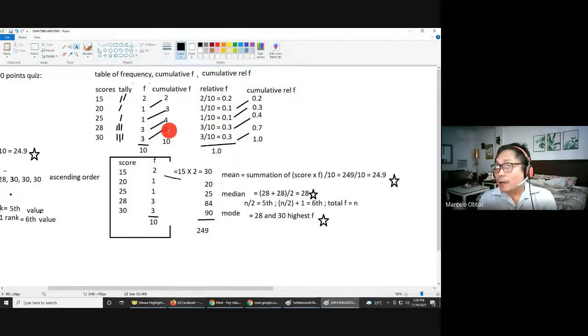Okay? Na-locate mo na actually yung first mo na middle value is fifth. By what, sir? By simply following the instruction, kapag even yung n mo, that is 10 divided by 2, which is 5. No? Okay. Ano bang value na ika-fifth? By looking at your cumulative frequency, 28. So, fifth mo na position, 28.